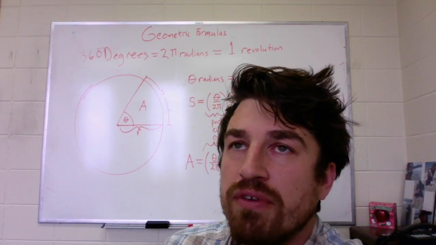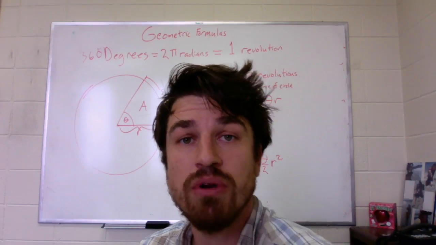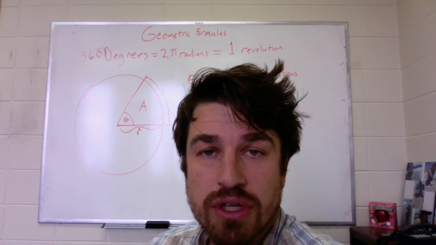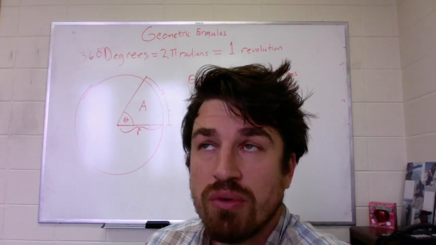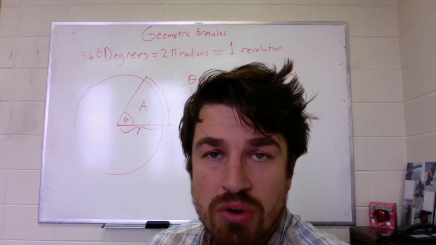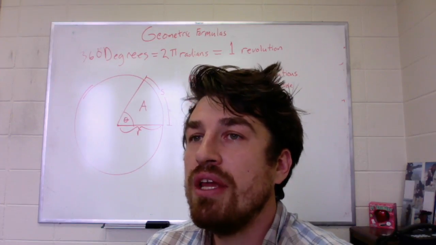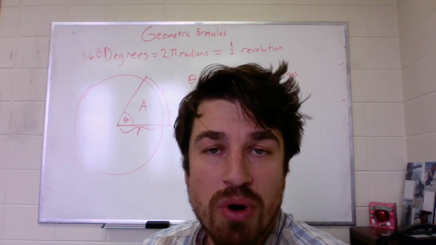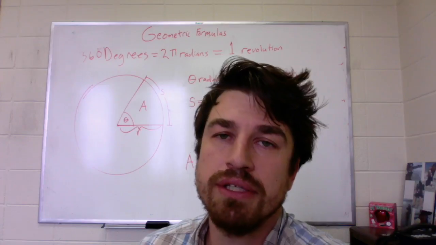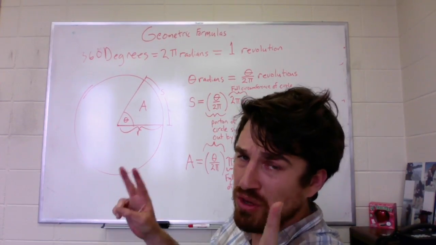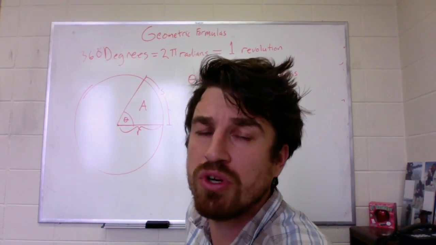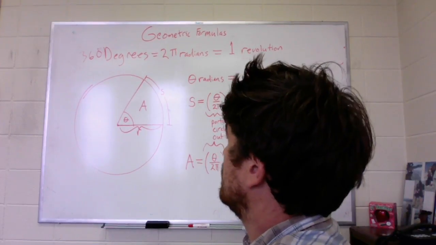I talked about the difference between the two primary measurements that we use for angles. With the degree system, a full rotation corresponds to 360 degrees. In radian units, a full rotation corresponds to 2 pi radians. One more system of units, although it's not really a system of units, it's more just a natural way that we think about things, is revolutions.